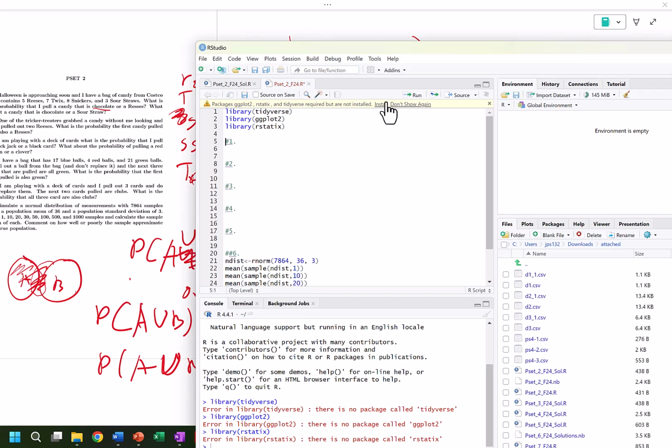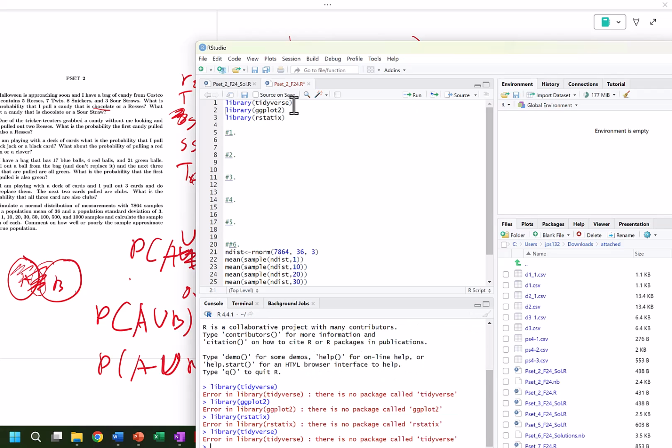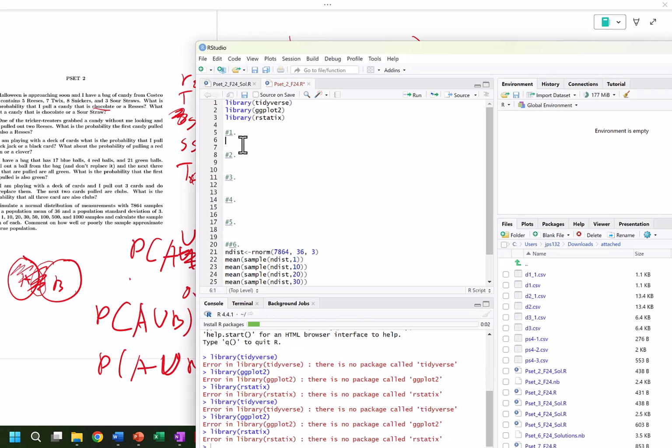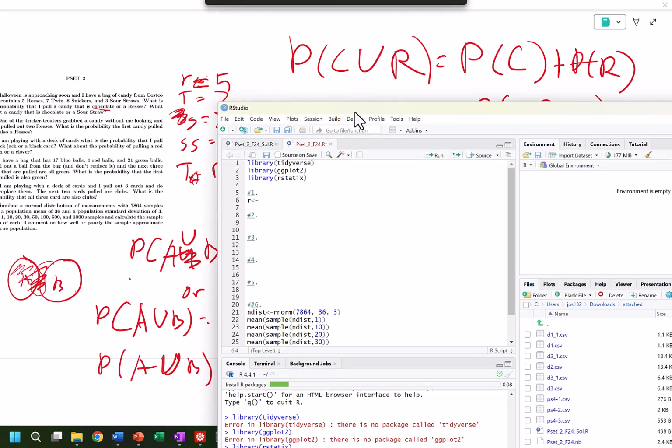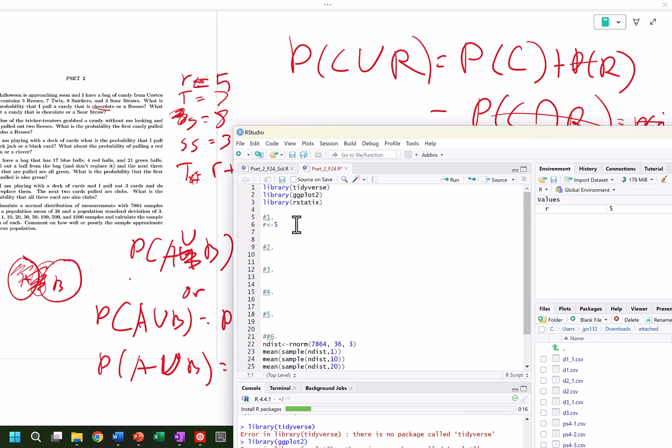Control Enter, install, good. Getting all my libraries set up. Control Enter, Control Enter, Control Enter. So we're going to say R goes to 5, and let's enter that. T goes to 7.